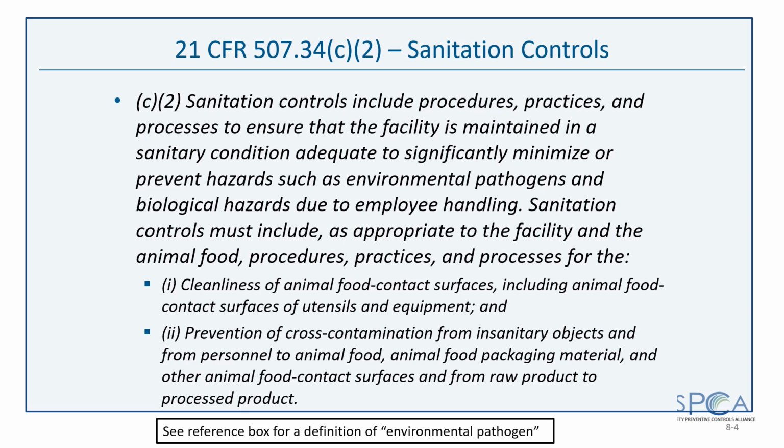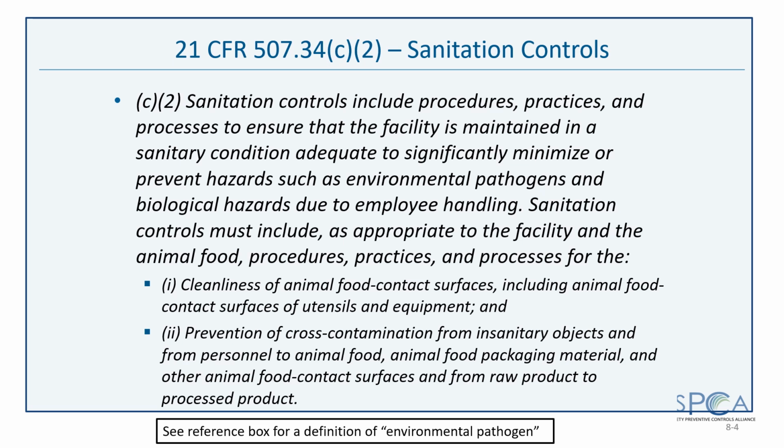Sanitation controls must include, as appropriate to the facility and the animal food, procedures, practices, and processes for the cleanliness of animal food contact surfaces, including animal food contact surfaces of utensils and equipment, and prevention of cross-contamination from insanitary objects and from personnel to animal food, packaging material, and animal food contact surfaces, and from raw product to processed product. So a few important things in here.